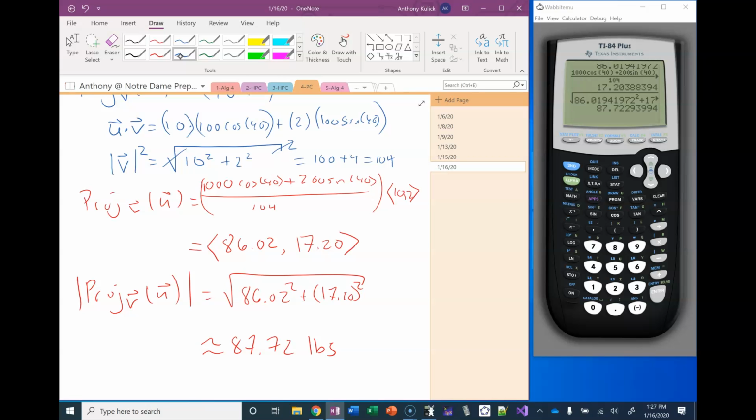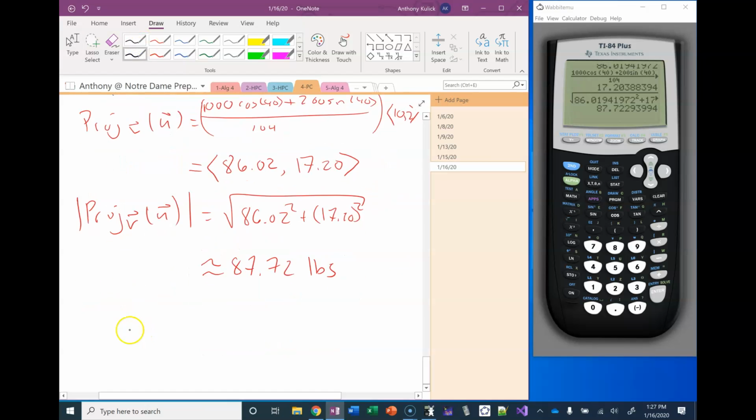So we'll stop here. So this time, we are ready to do problems 41 to 50. This will be the last homework set from this chapter.